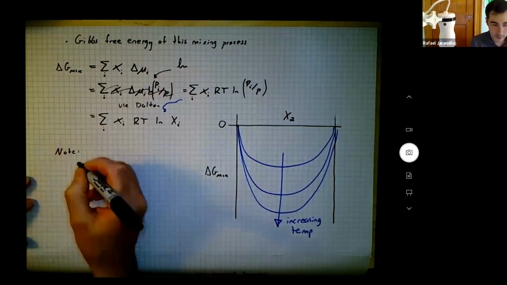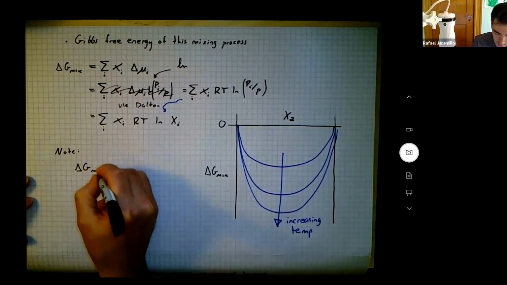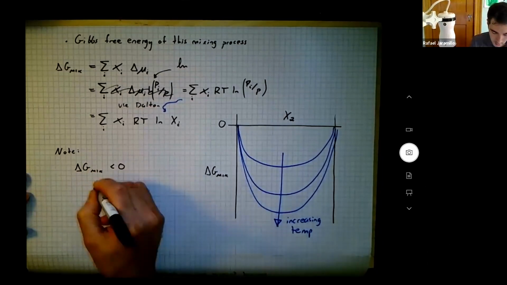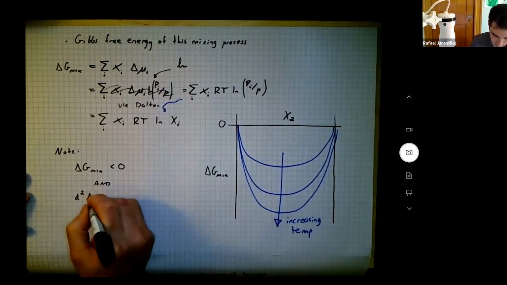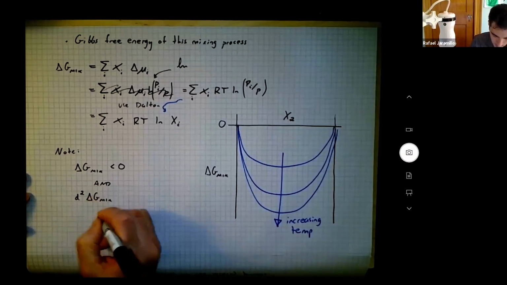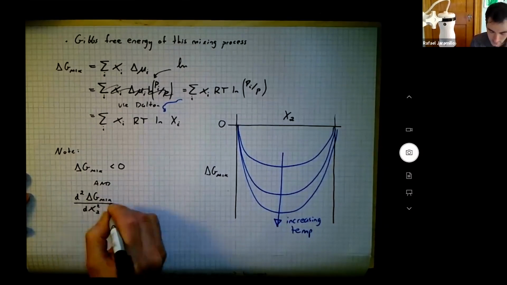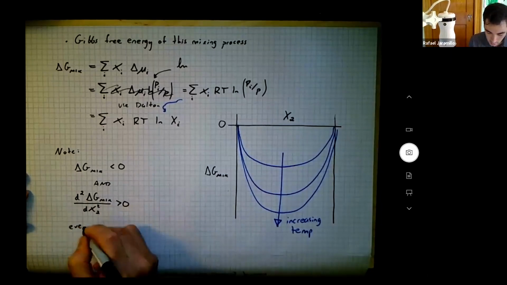Note delta G mixture is less than 0, and the second derivative of delta G mix with respect to x_2 squared is greater than 0 everywhere.